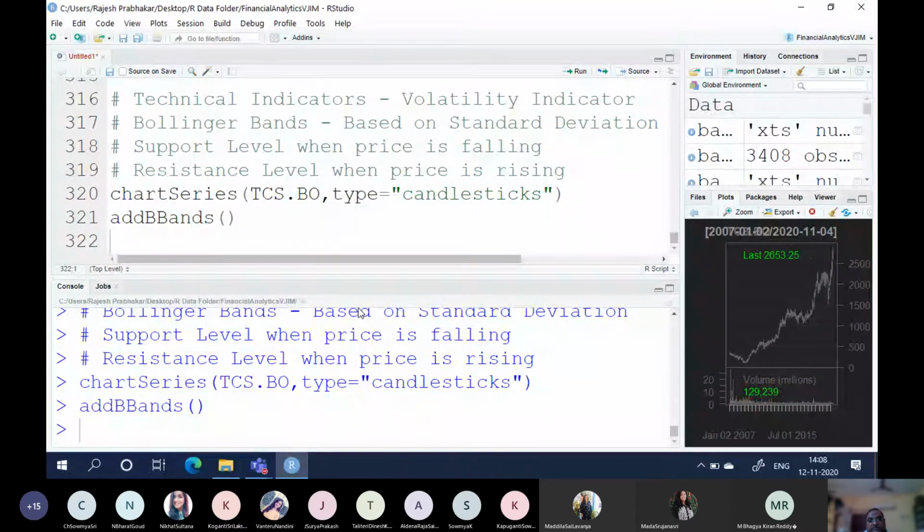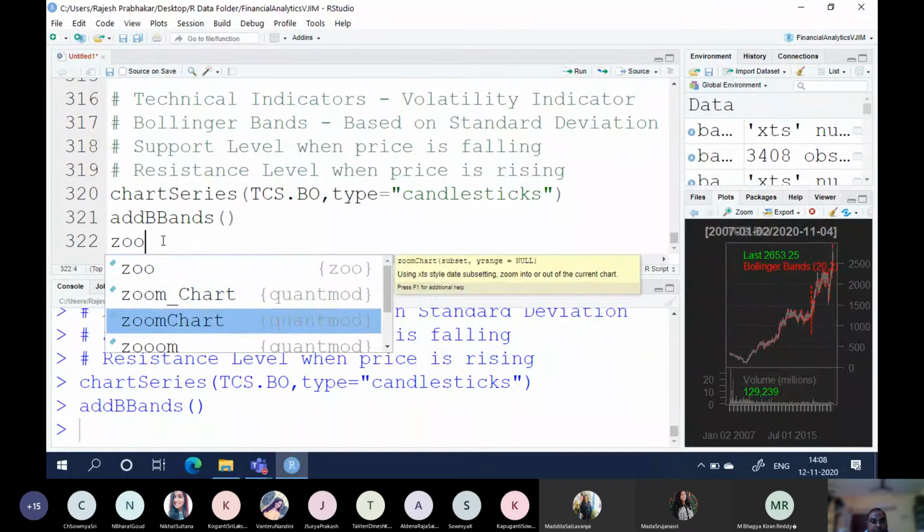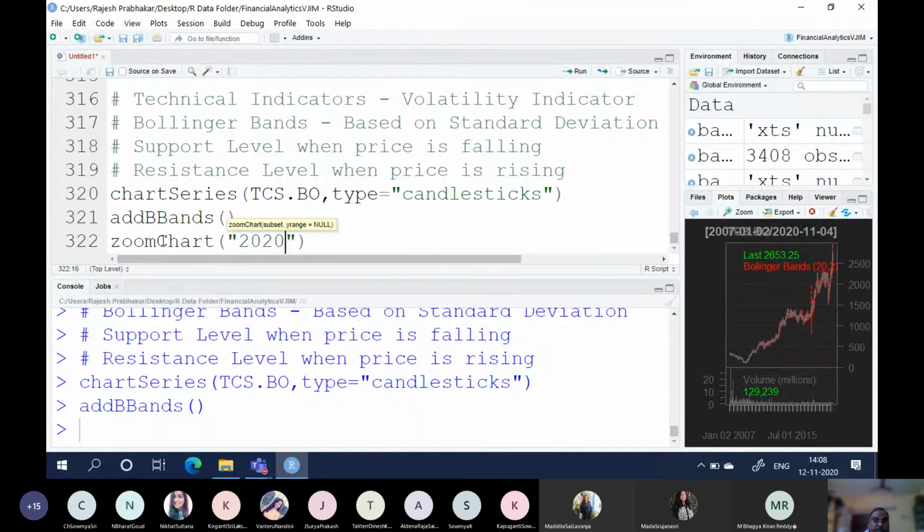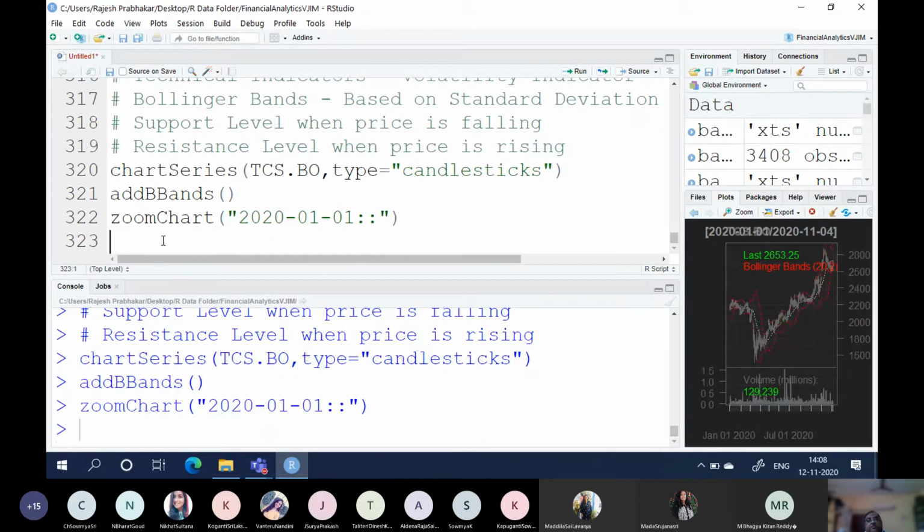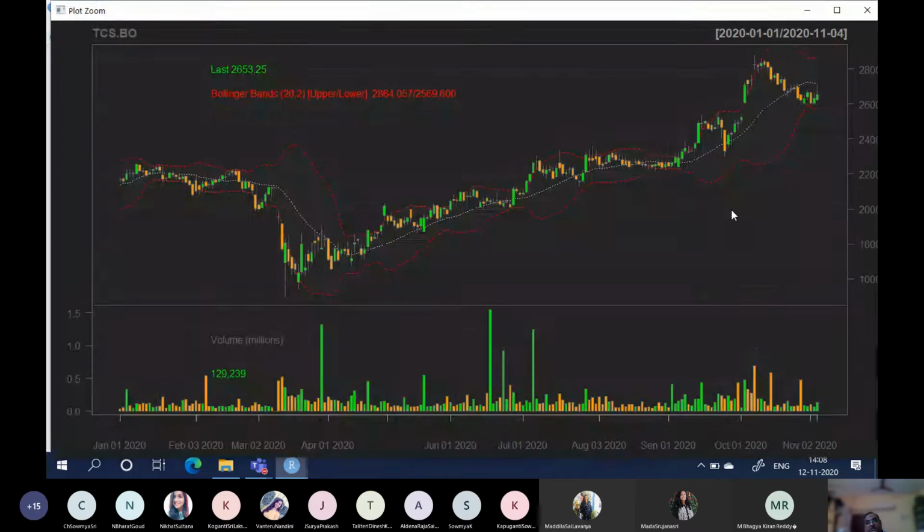We will add Bollinger Bands to the chart. See, then we will zoom chart 2020-01 colon. So now you can see the Bollinger Bands.